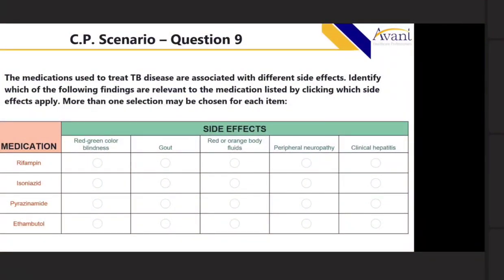Pyrazinamide, does it come with any of those side effects? And then ethambutol, does it come with any of those side effects? Okay, so some options: red, green color blindness or gout, red or orange body fluids, peripheral neuropathy, or clinical hepatitis. Each of those drugs may have one or more of those.